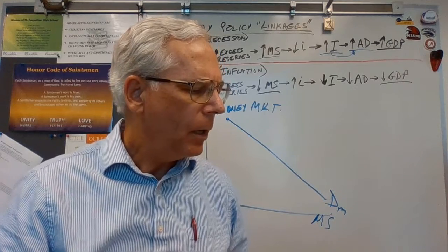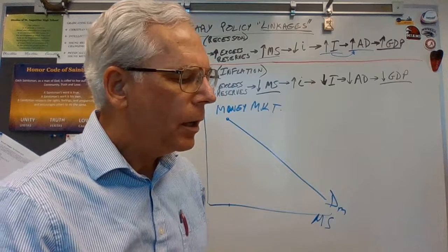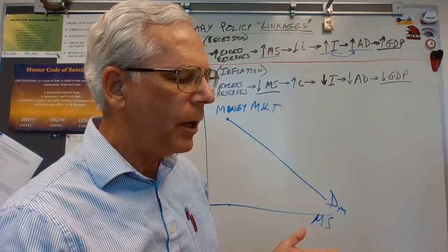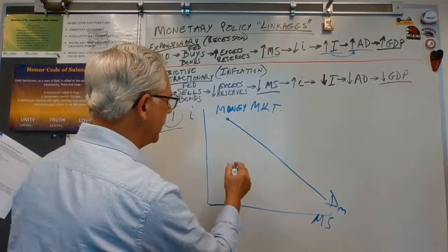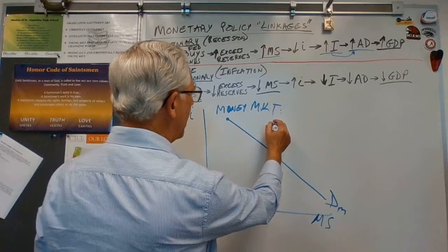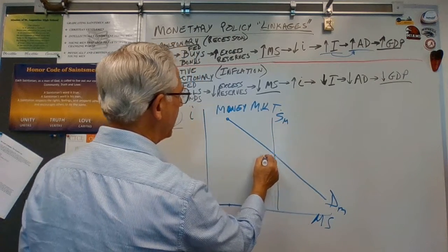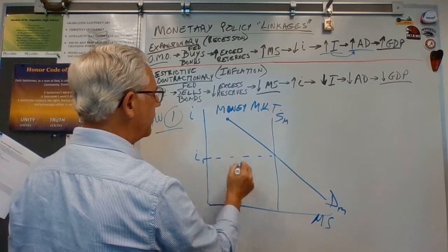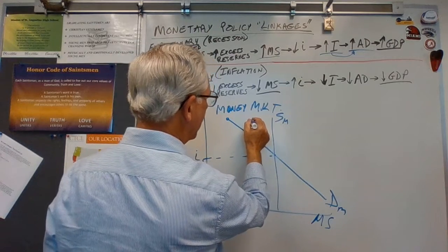On a graph, explain the 2 demands graphically. We just did. Use a graph to show the impact of an increase in the total demand for money on the equilibrium interest rate. So if we start off with the supply of money right here and the equilibrium interest rate right there, I1, and then we have an expansion of the demand for money.